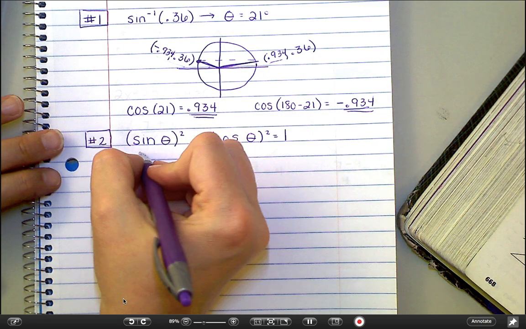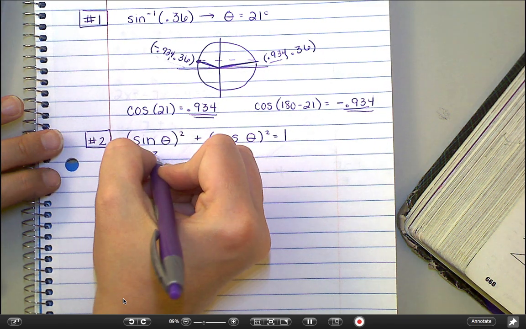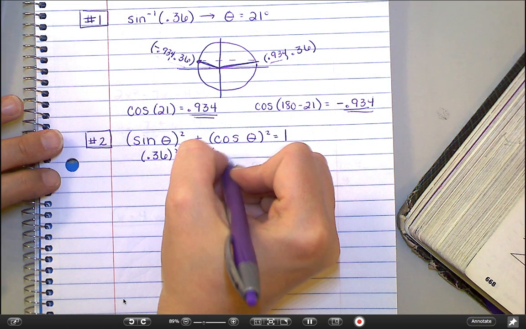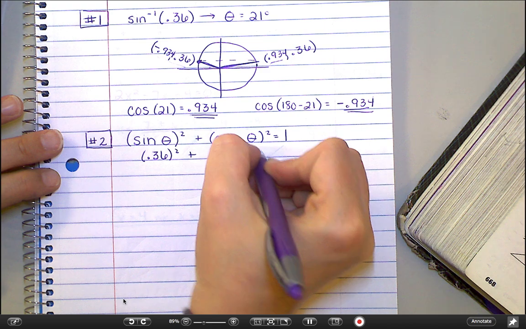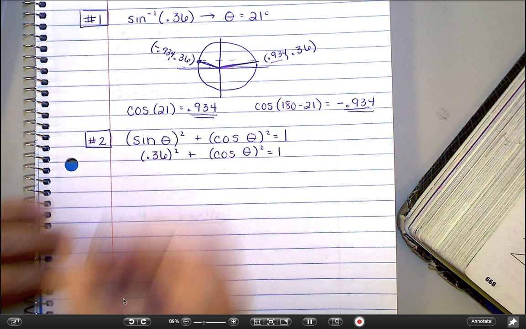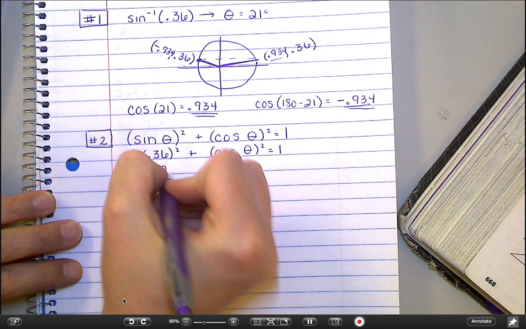So 0.36 is going in for sine, plus cosine theta squared equals 1. Okay, let's go ahead and square 0.36. Oops, 0.36 squared. And I get 0.1296.